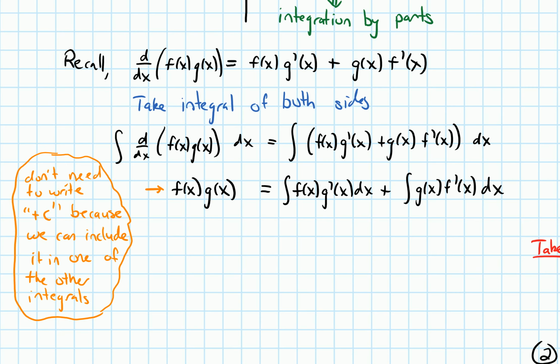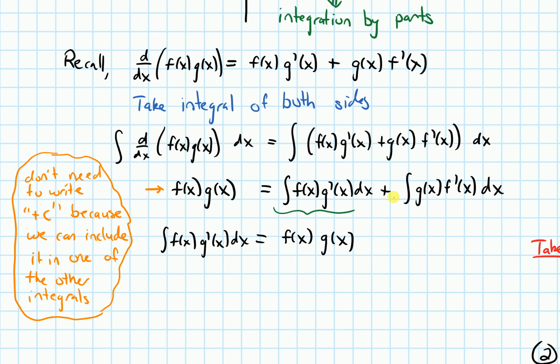So next I'm going to rearrange some of the terms, and I'm going to get this integral, f of x times g prime of x dx, by itself. If I do that, the integral of f of x g prime of x dx is going to be equal to what we had on the other side, f of x times g of x.